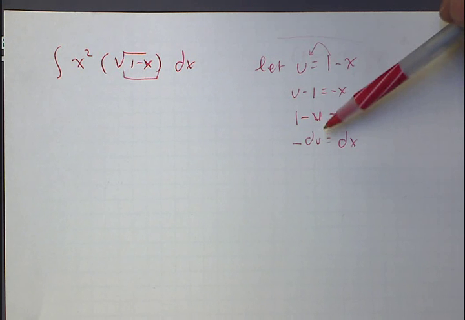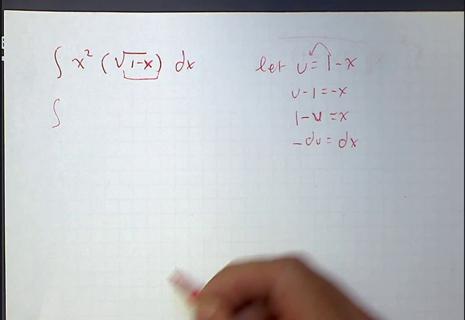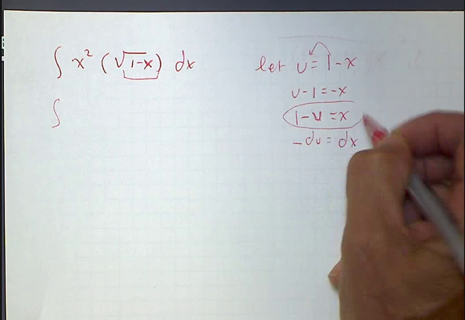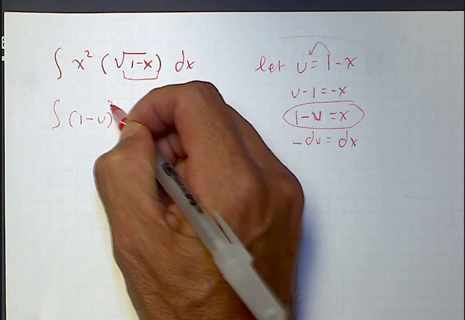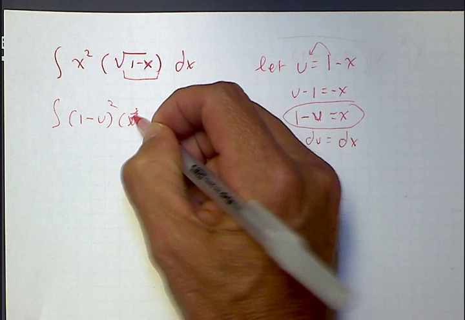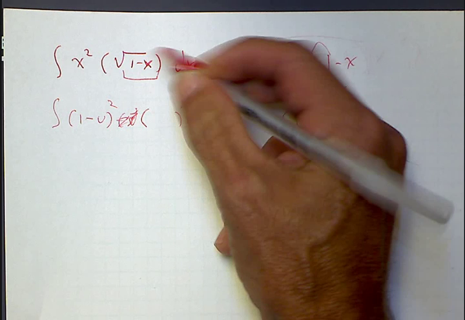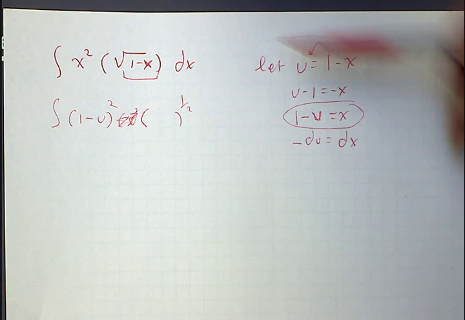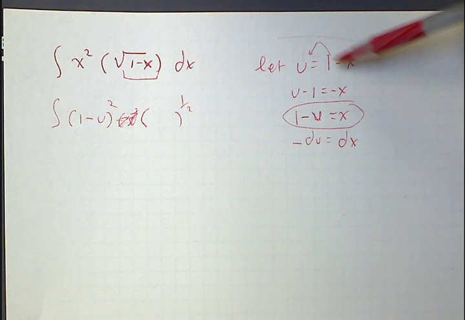So let's rewrite this problem. Replace the x with what x is. We'll go ahead and make this a negative, make this an exponent here. So this will be 1/2 power for the square root right there. I'm going to replace 1 minus x with what 1 minus x is, which is u.